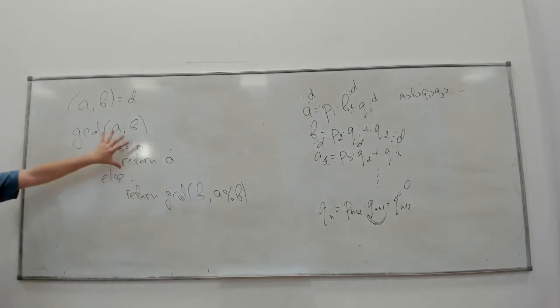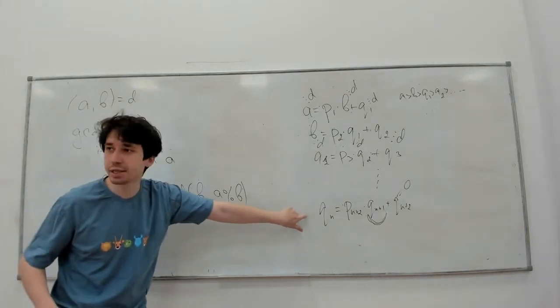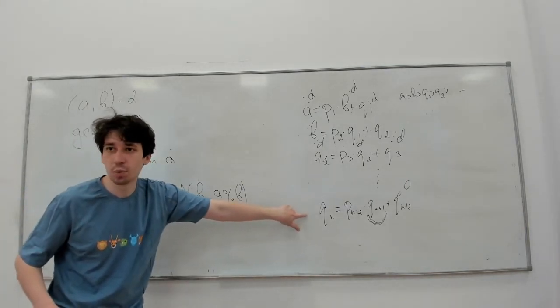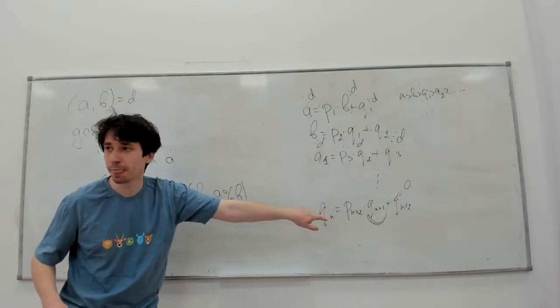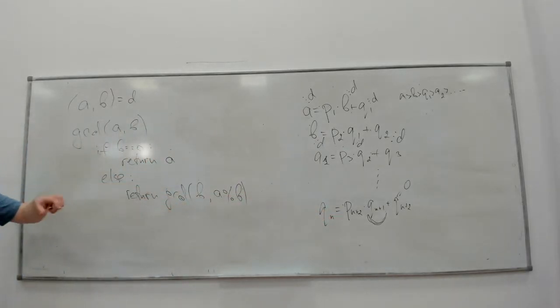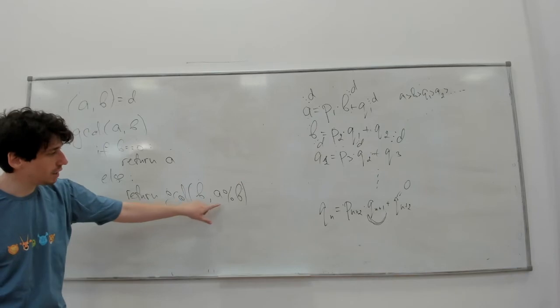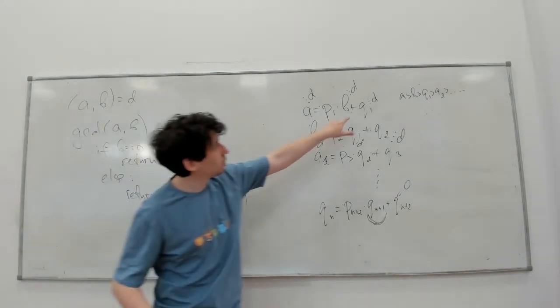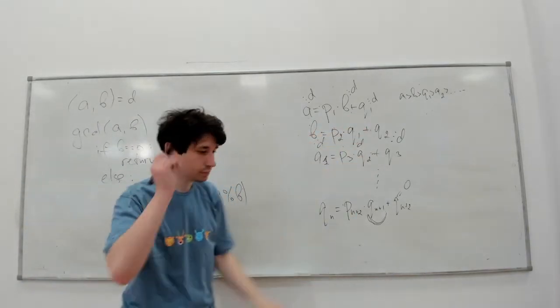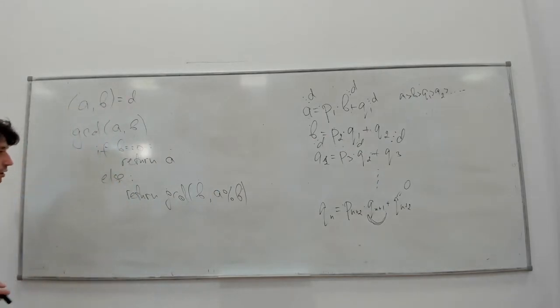This checks that we reached the last situation, when the remainder is 0. And this is B and A modulo B, because we always took the remainder here. So this is the whole algorithm.